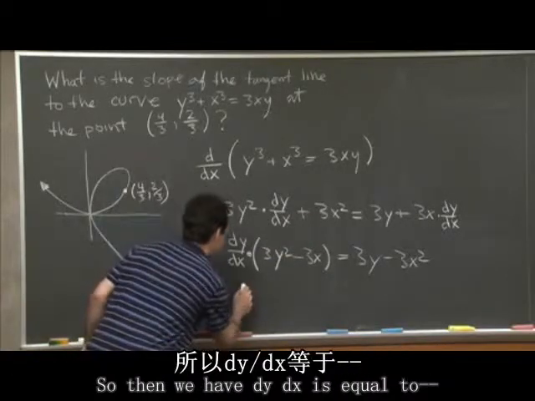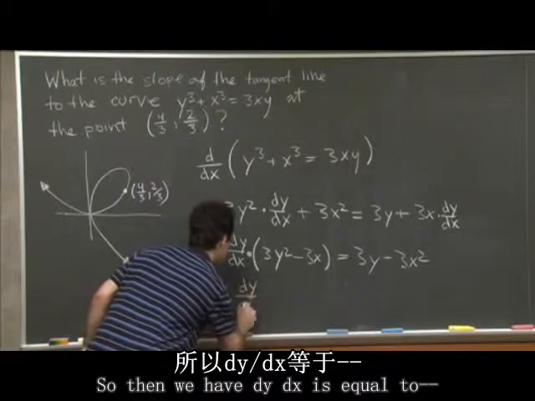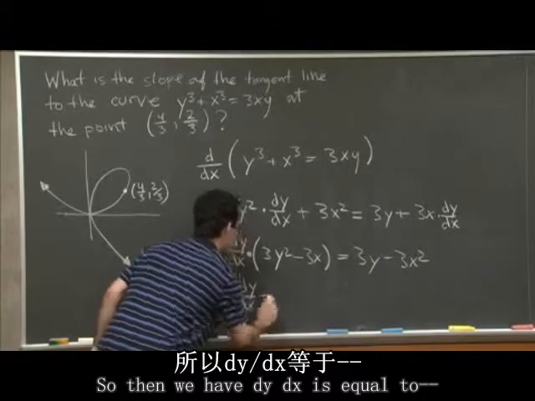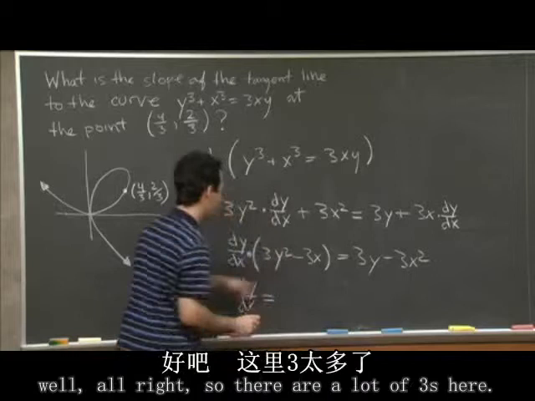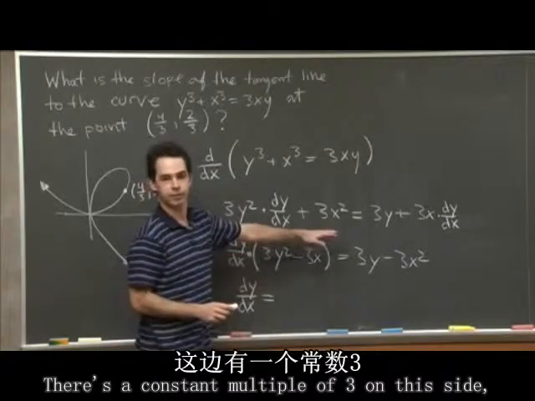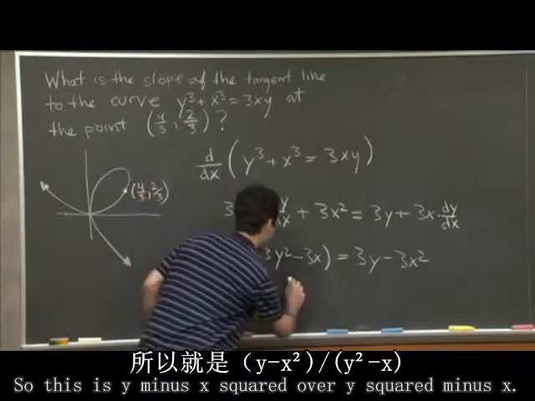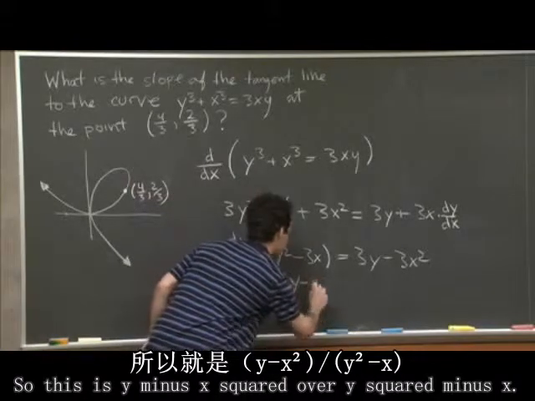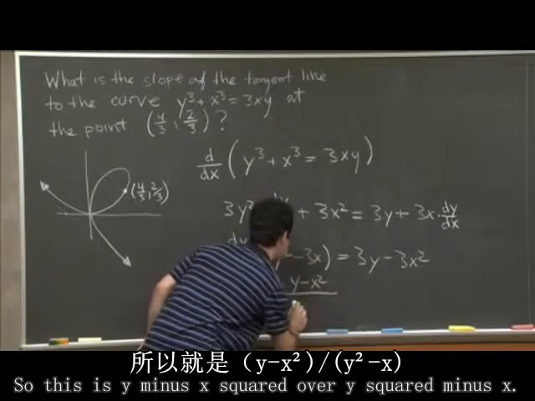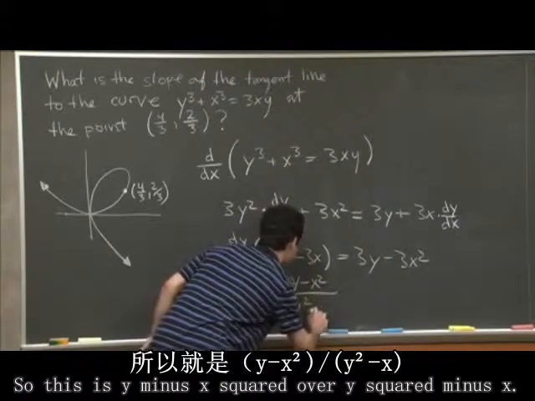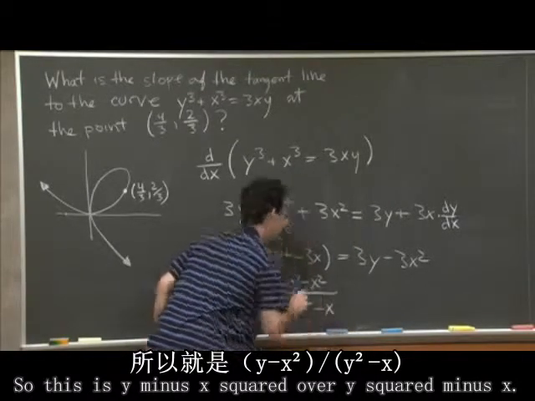So then dy/dx is equal to, well, there are a lot of 3's here. There's a constant multiple of 3 on this side, a constant multiple of 3 on this side. Those are going to cancel. So this is y minus x squared over y squared minus x.